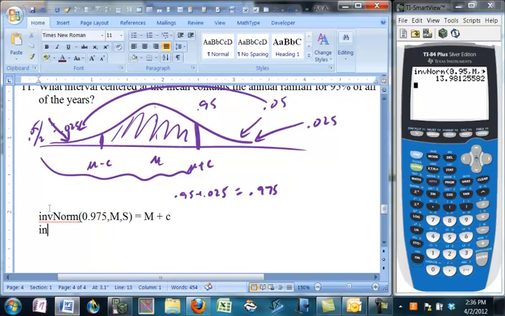And if we do the inverse norm of just the 0.025 with that mean and standard deviation, that'll give us M minus C, which is our lower end point. So these are the two numbers we need.